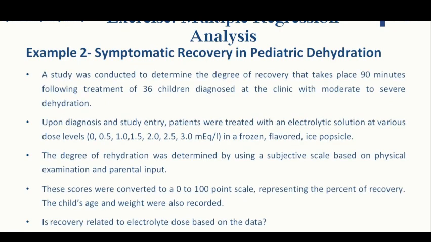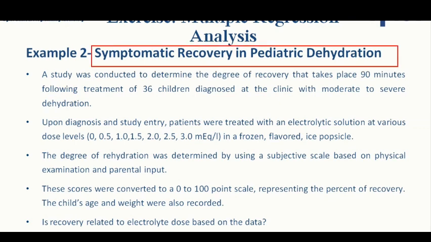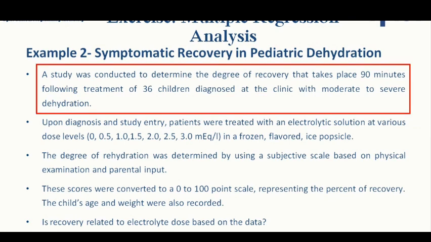Let us have a look at some data and an example run in SAS. Symptomatic recovery in pediatric dehydration. A study was conducted to determine the degree of recovery that takes place 90 minutes following treatment of 36 children diagnosed at the clinic with moderate to severe dehydration.